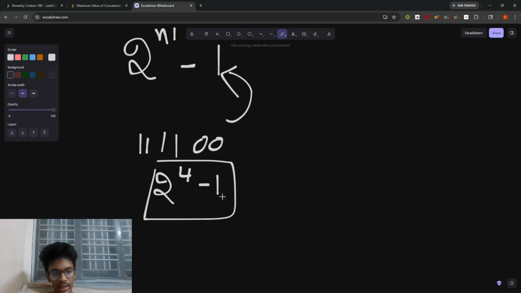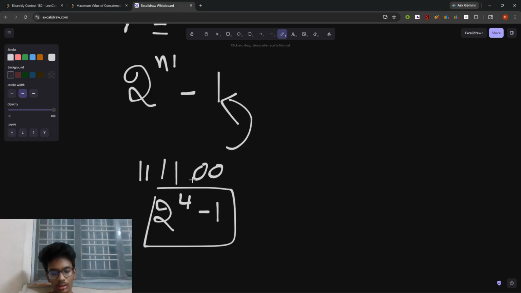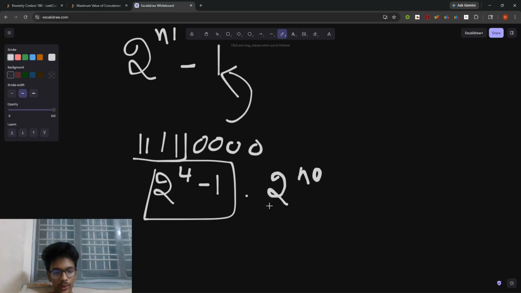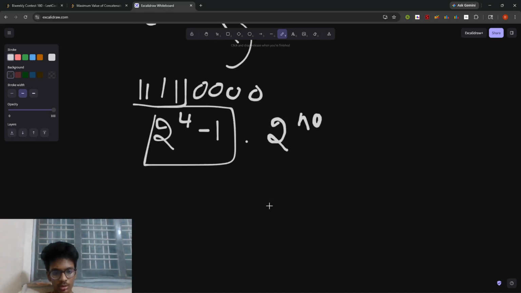When followed by n0 zeros, it's basically a left shift, right? You're multiplying it by 2 power number of zeros.